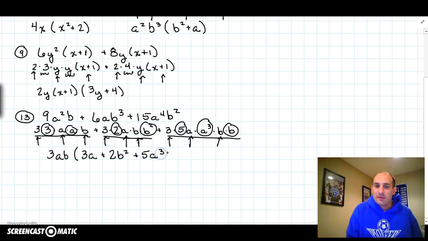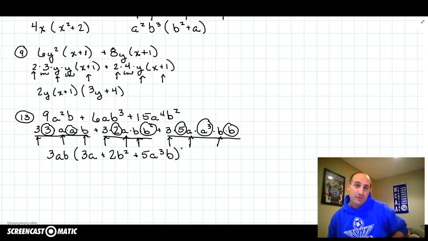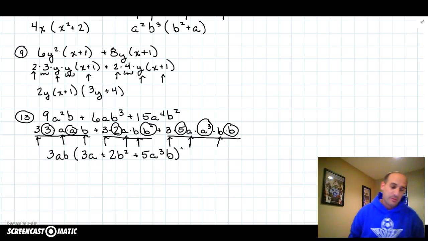When you look at it, the middle term inside the parentheses does not have an a, so I couldn't factor any more a's out. The first term doesn't have a b, so I couldn't factor any more. And 2, 3, and 5 are all prime numbers. Nothing goes into 2, 3, and 5 all at the same time. So that's why 13 would be done where it is right there.